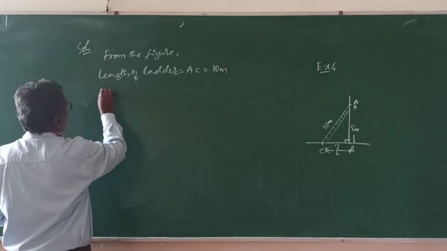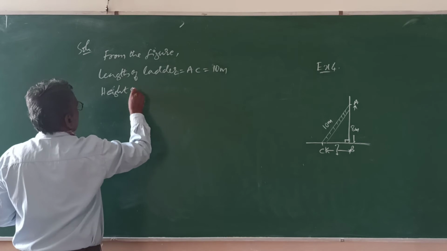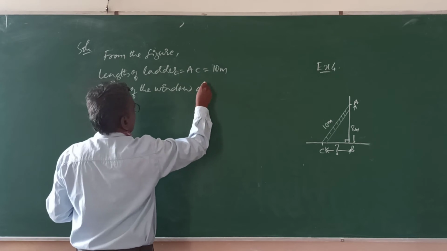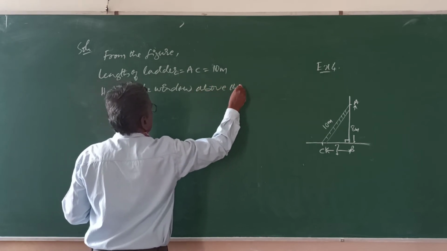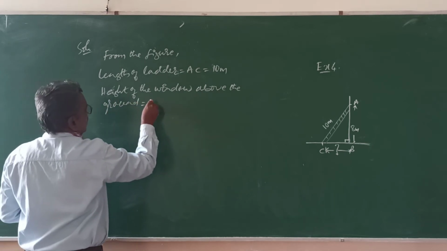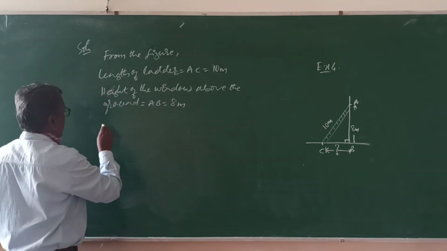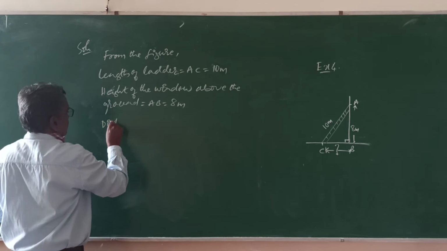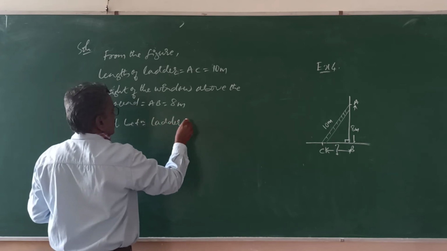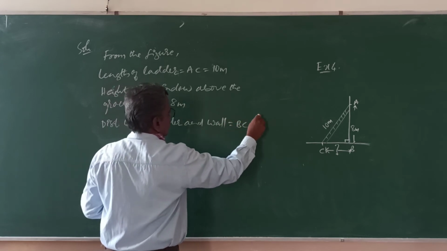The height of the window above the ground, which is AB, is 8 meter, and the distance between the ladder and the wall is BC, which we have to calculate.